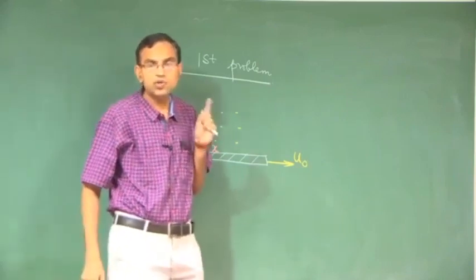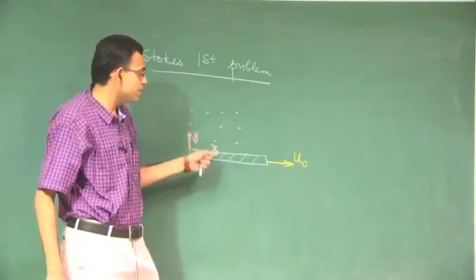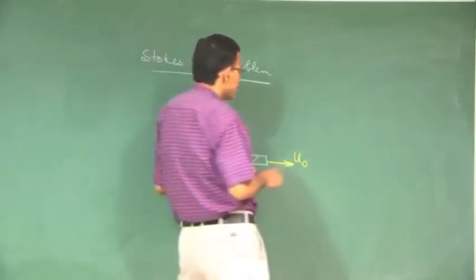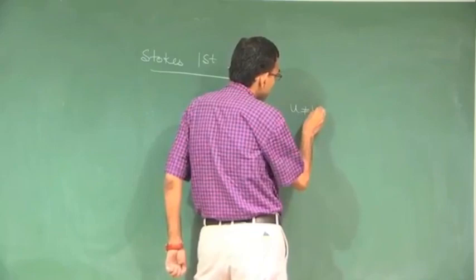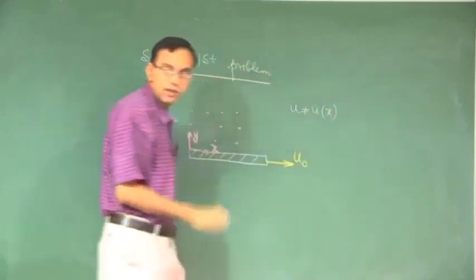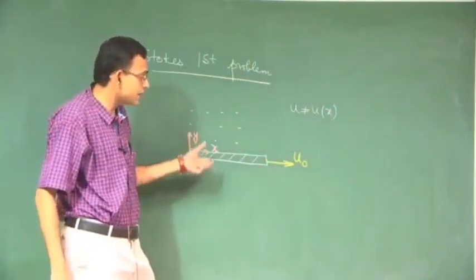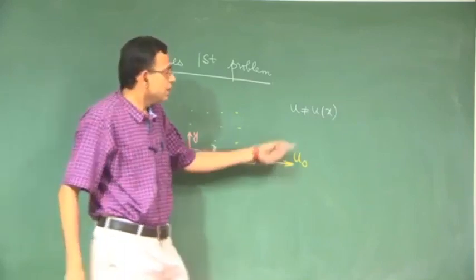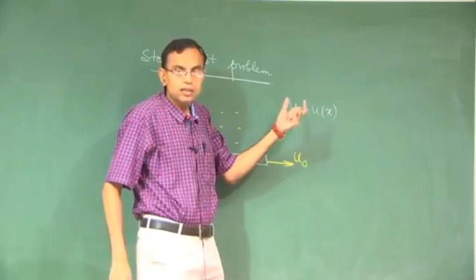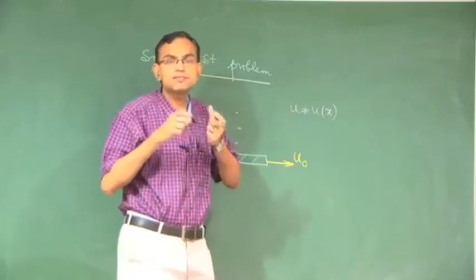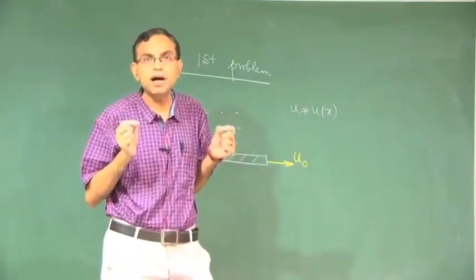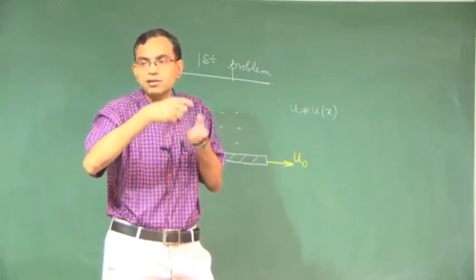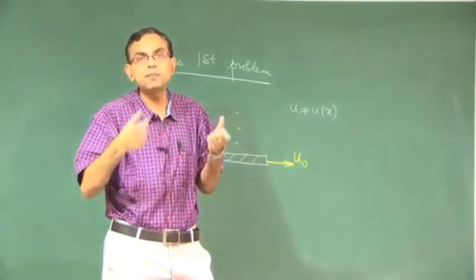Please train your students not to get confused between this and fully developed flow. Here u is not a function of x because of translational invariance. That translational invariance comes from the boundary condition, but fully developed flow comes from a very important fundamental premise, that the flow is confined in a closed passage, a channel, a pipe, like that.